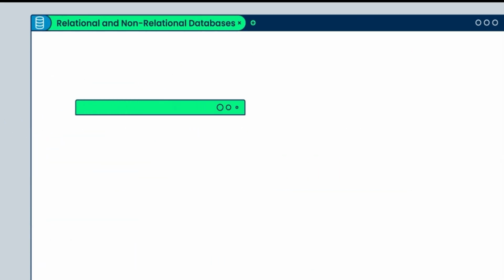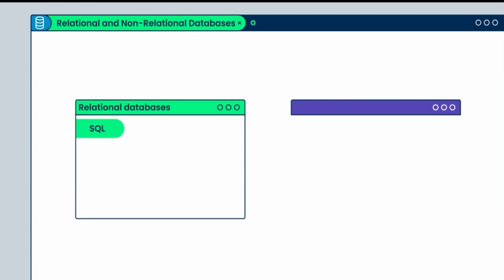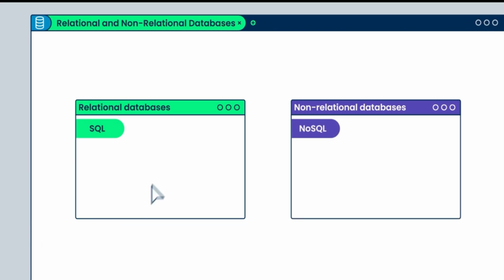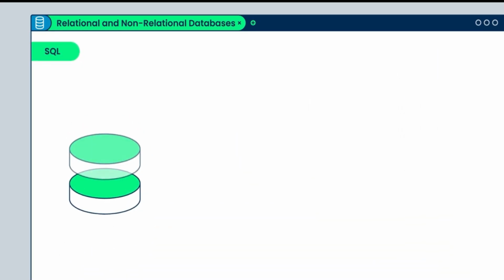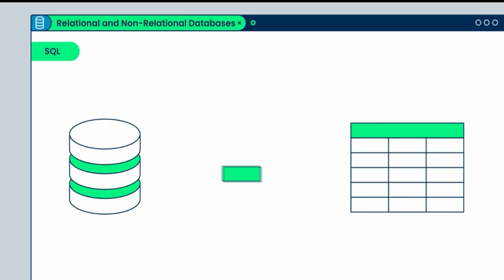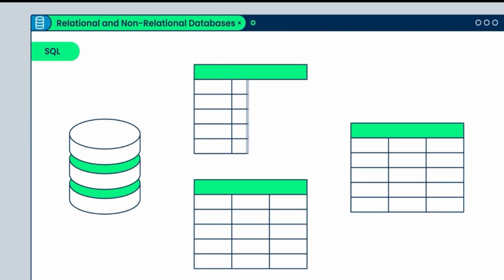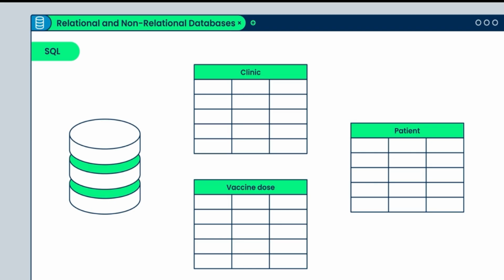Databases can be broadly categorized into two types: relational databases, often referred to as SQL databases, and non-relational databases, known as NoSQL databases. Relational databases store data in tables with rows and columns, much like a spreadsheet, but much more complex. Each table stores data about a specific type of object, such as patients, vaccine doses, clinics, and so on.